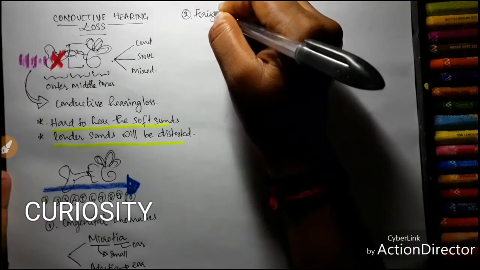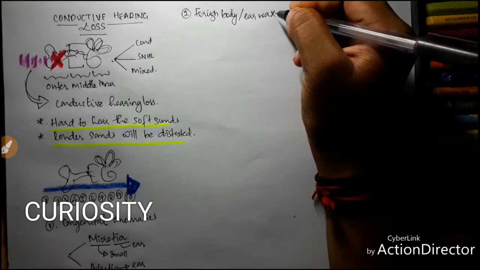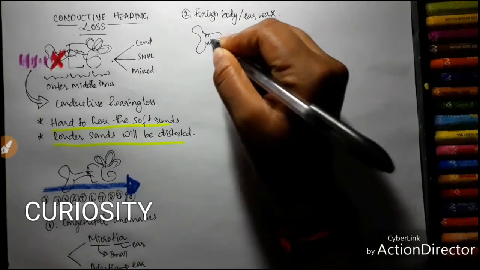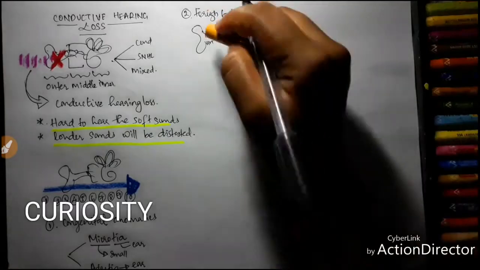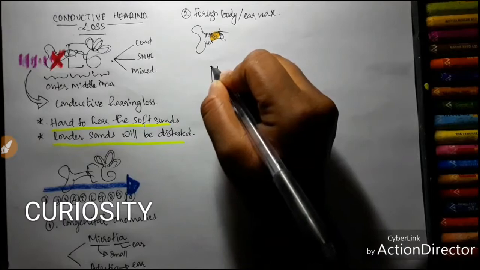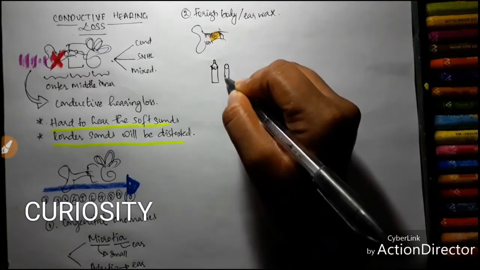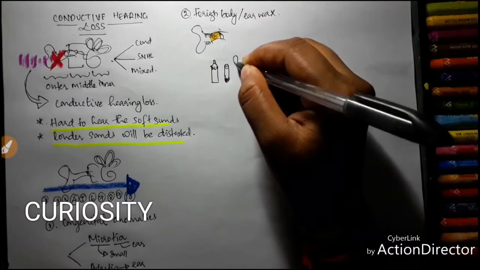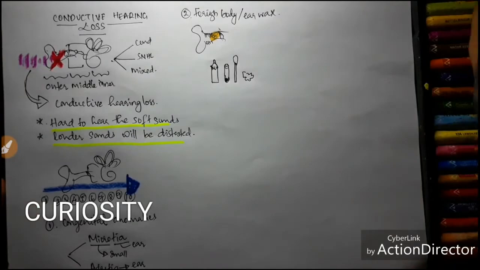The second condition is foreign body or ear wax. I told you that one third of the ear canal is cartilaginous, and there is a sebaceous gland in it. It secretes sebum, which later forms wax. Children, or people, insert things like pencil tips, safety pins, earbuds, and small rocks or pebbles.